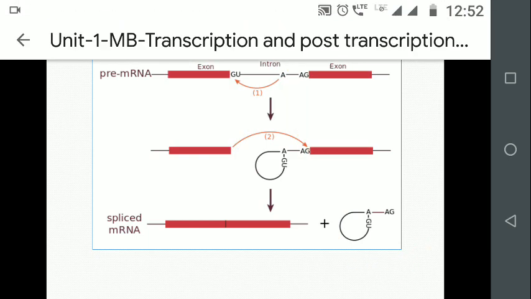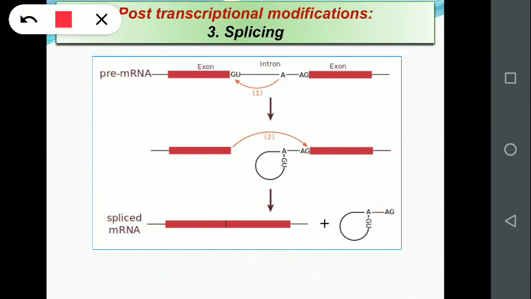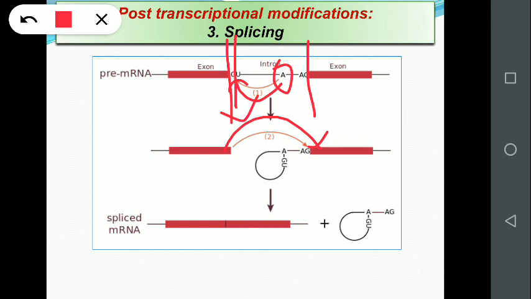So here we have intron-exon junction 1 and junction 2. First, the A attacks at the first junction, so a break occurs between exon and intron, and now this exon nucleophilically attacks the second junction upon exon 2.